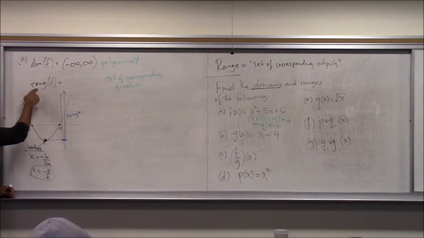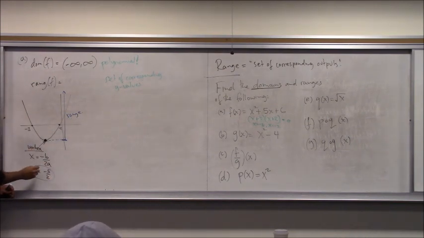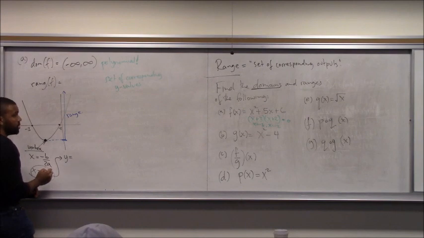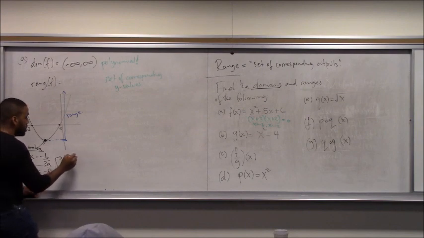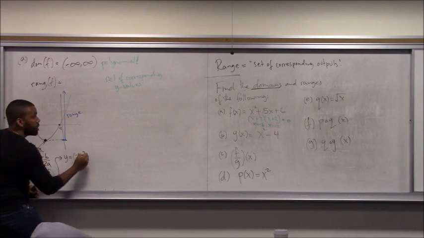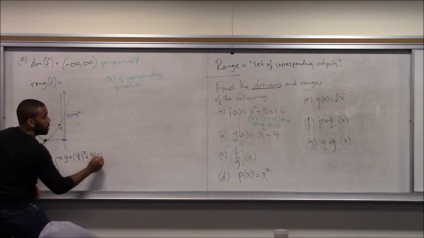Now remember what the range is. The range is a set of y values. So given that I found the x, it doesn't end there. I'm going to have to figure out what is the y at this point. So the y will be, well, you just plug it in. It's minus 5 over 2 squared plus 5 times minus 5 over 2 plus 6.